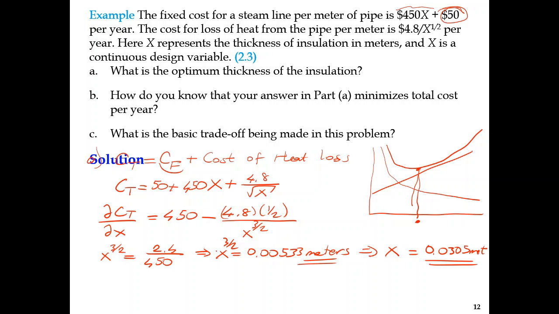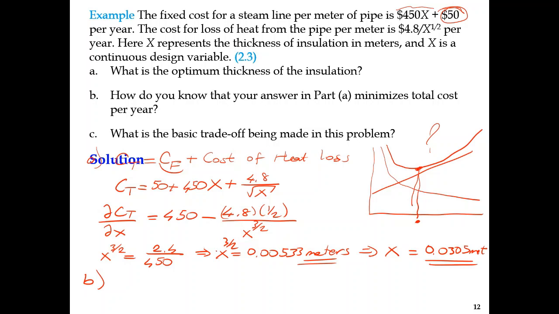Now, in part B of the question, it asks, how do you know that your answer in part A minimizes the total cost? Of course, if you don't know this shape, we will not know if this extreme point is a minimum point or a maximum point. So for this reason, we need to take the second derivative.